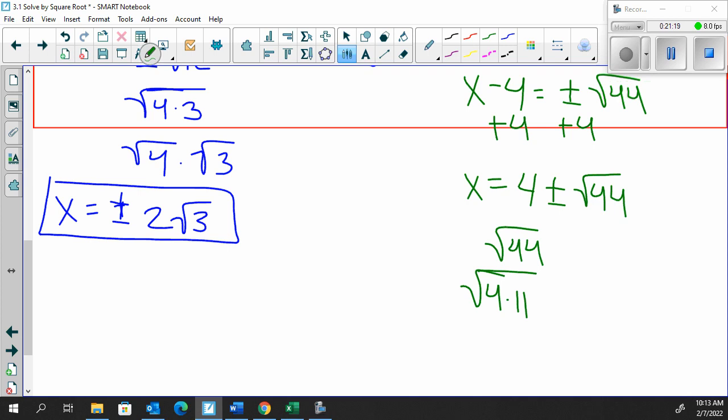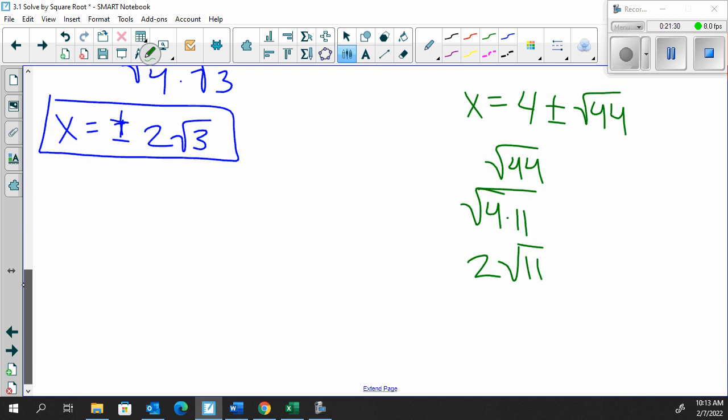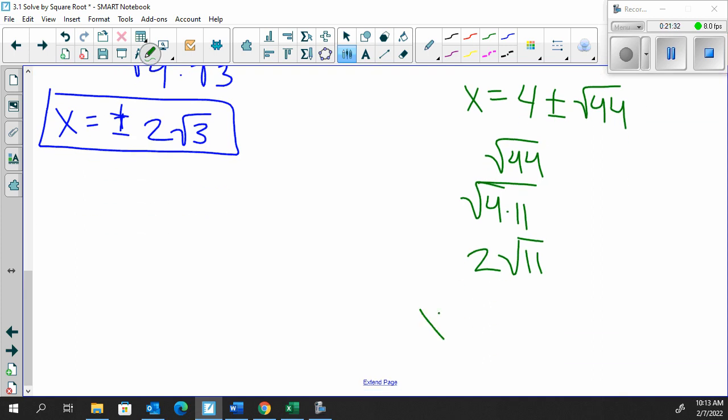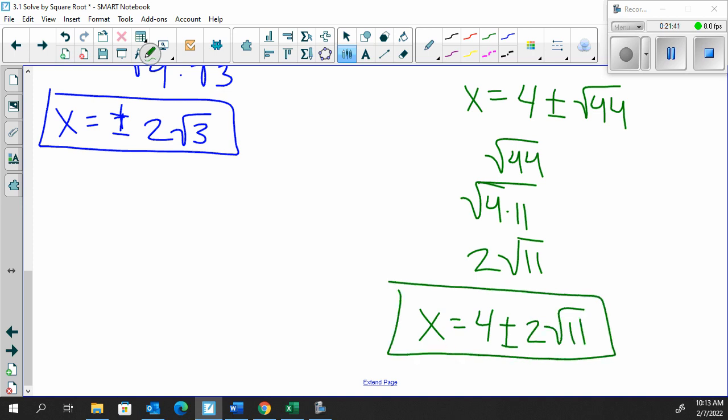What's the square root of 4? 2. Is there a square root of 11? No. So there it is. So we can write our final answer like this. X equals 4 plus or minus 2 times the square root of 11. Done.